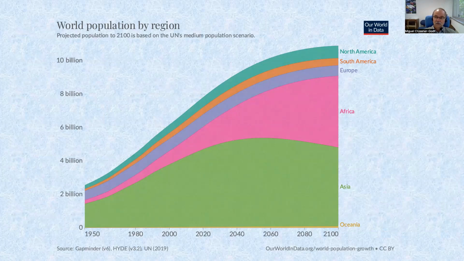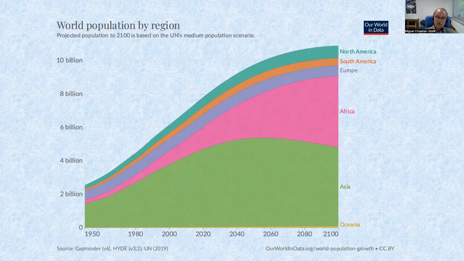Well, you see here that North America, South America, Europe, more or less will keep their population stable, although I see in Europe a decline in population.